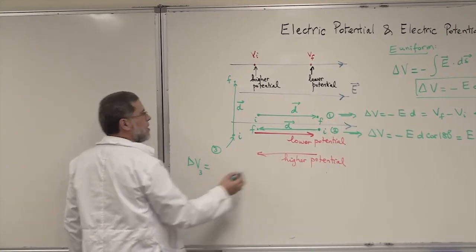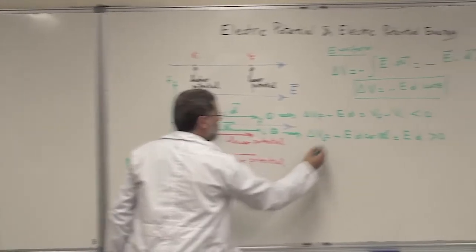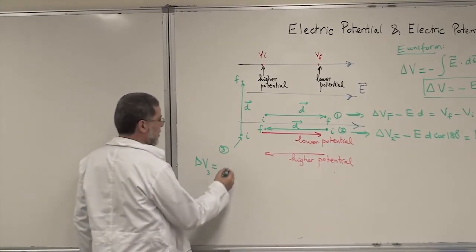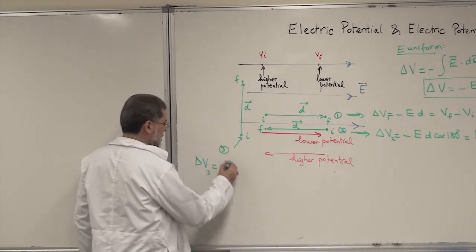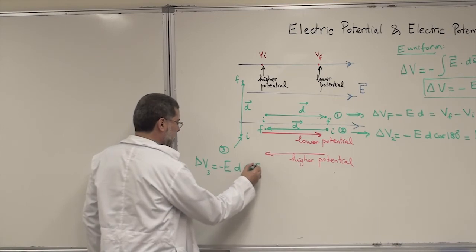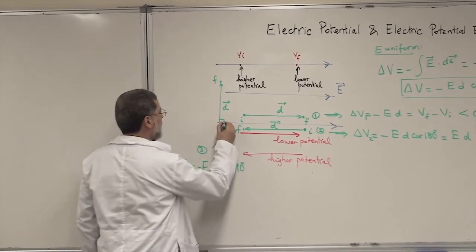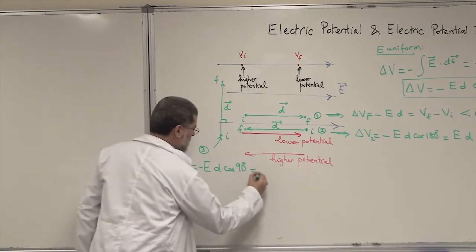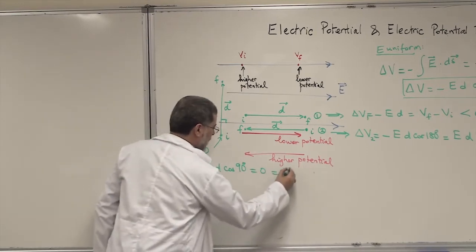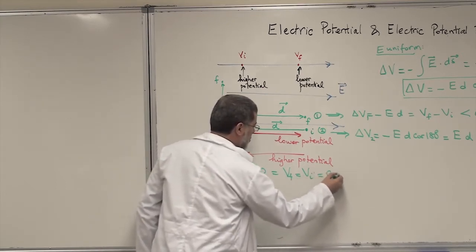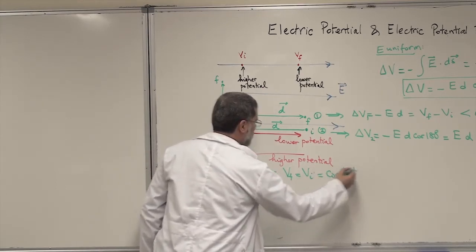In case number 3, my delta V will be minus E d cosine 90 degrees. That's the angle between my displacement and the electric field. You can see it here. And this is 0. It means V final equals V initial, which is a constant.